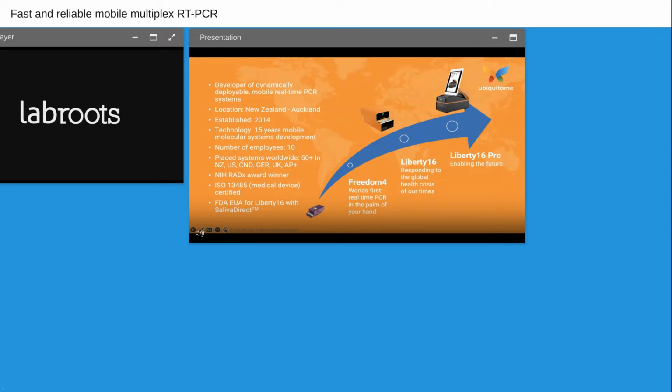Now upcoming is the Liberty 16 Pro. We have retained that same 16-well configuration, but with so much more added functionalities and features. You definitely do not want to miss out on what is in store.